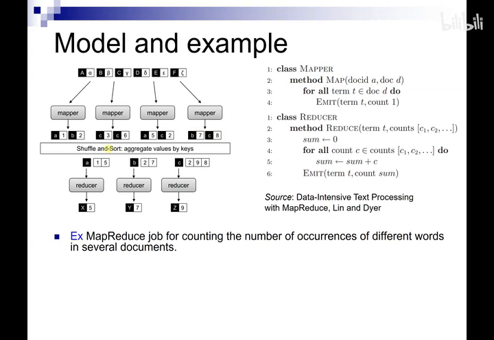Then we're going to do the shuffle and sort stage. The shuffle and sort stage is going to take all of the values associated with the same key and group them together. For example, here A is associated with this value 1, and over here on the third mapper there were 5 A's.